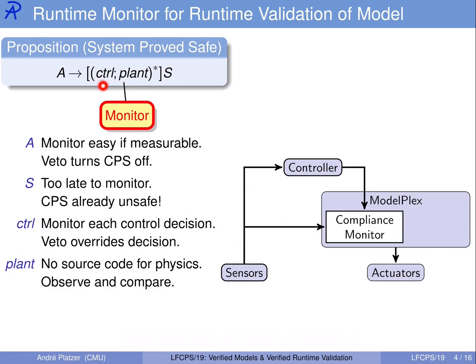Just like in the controller, the model may be non-deterministic, permit multiple actions, where the actual control implementation will always choose one of them. So among all of the predictions that were done, we just need to check that the one that was chosen is one of the permitted ones, so one of the ones that we already know is safe. Likewise, our differential equation might predict multiple behaviors. Wait. Differential equations are essentially unique solutions.